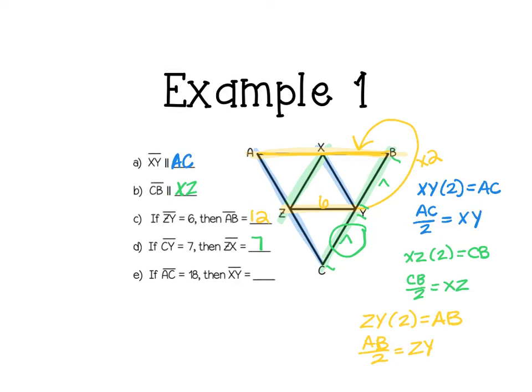And finally for E, AC, which is this long side here, is 18. Then what is XY? XY is parallel to AC, so it has to be half of it. So 18 times 1/2, or 18 divided by 2, is going to give me 9. So XY is 9.